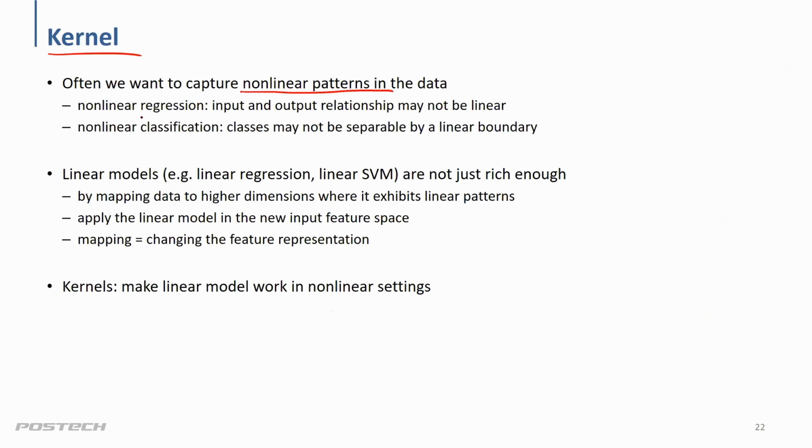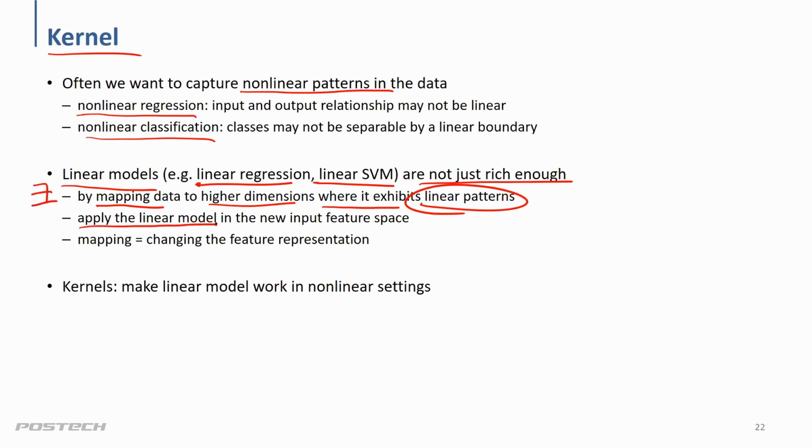We discussed linear regression and linear classification, and in many cases the linear model, either linear regression or a classification problem, is not rich enough. The good thing is, by mapping the data set to higher dimensions, whether linear patterns exist, they always exist. Then we apply the linear models in the feature space.